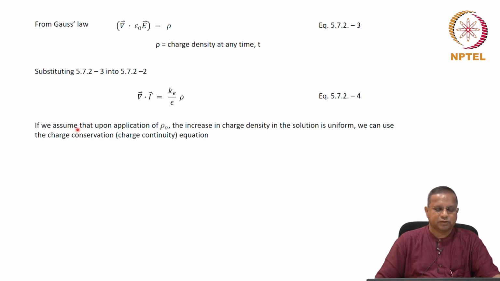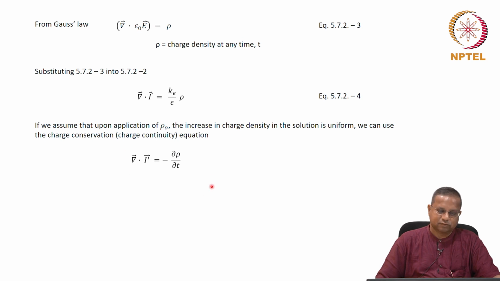If we assume that on application of rho 0, the increase in charge density in the solution is uniform, we can use the charge conservation equation, the charge continuity equation. Charge continuity has to be valid for any situation because charge is conserved. So del dot I dash equals minus dou rho dou t.